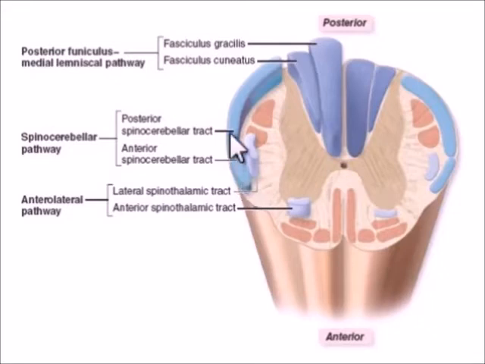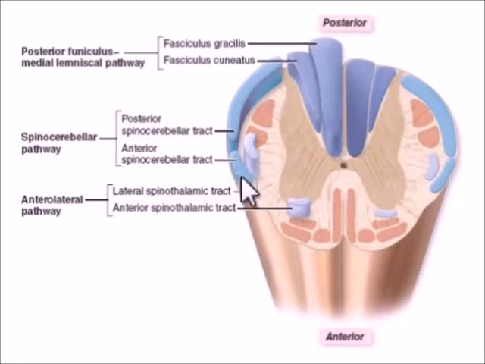The posterior spinocerebellar tract carries the proprioceptive sensation, and it monitors the length and tension in the muscles, as well as carries the joint sense.